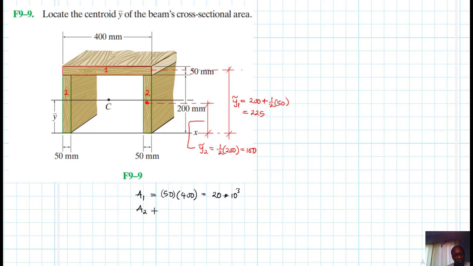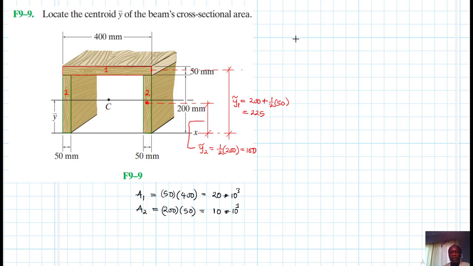Then area 2, and I know there are two of them, is just equal to 200 by 50, and this is just going to be equal to 10 by 10 to the third.